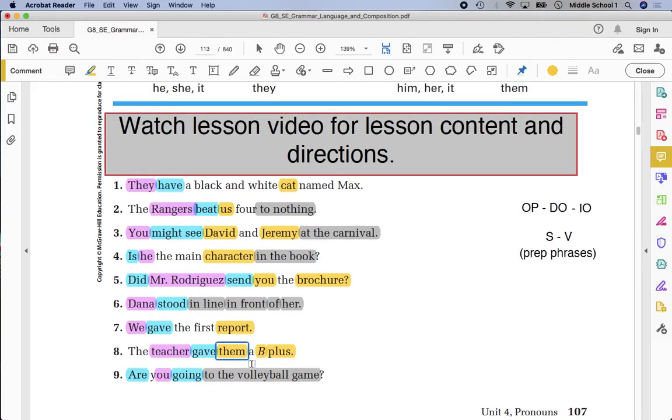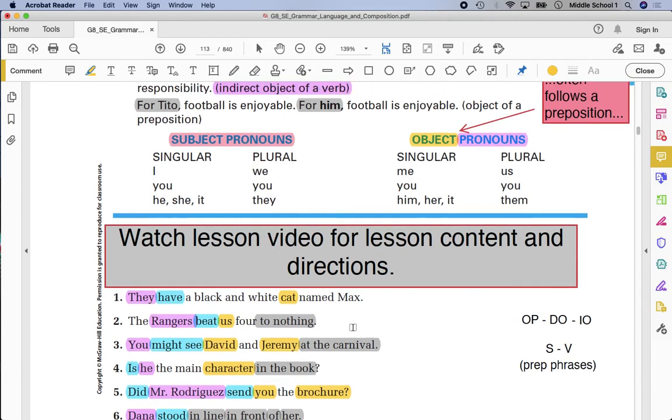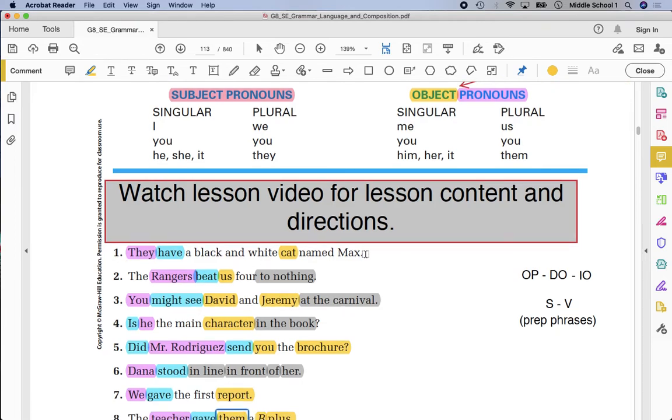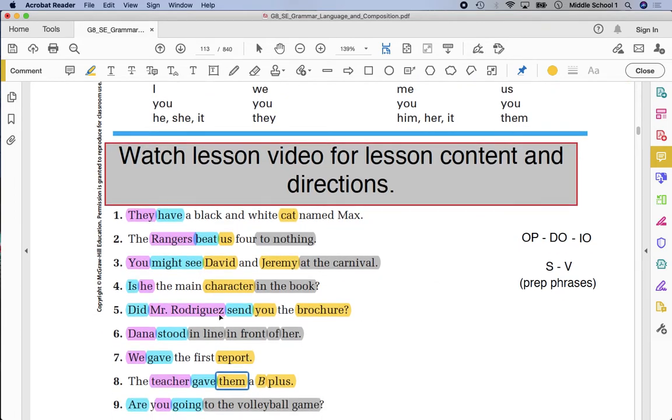Sometimes these words may not contain any pronouns in the sentences. Sometimes there may be pronouns in the sentence, and in tomorrow's lesson, we're going to look specifically at these pronouns that we identified today, again, using our review of the sentences that we have from today, and then go back.